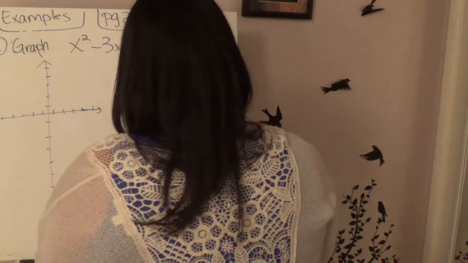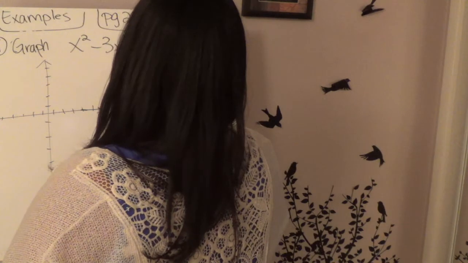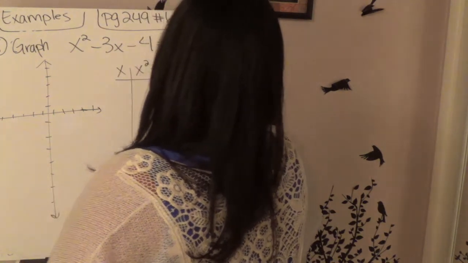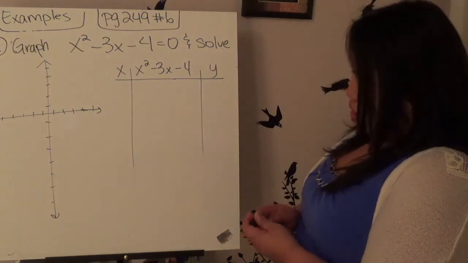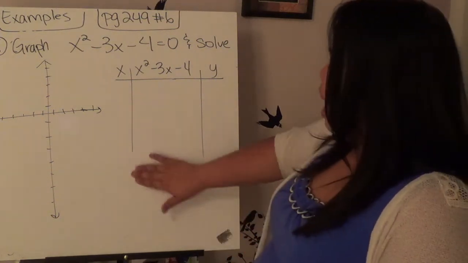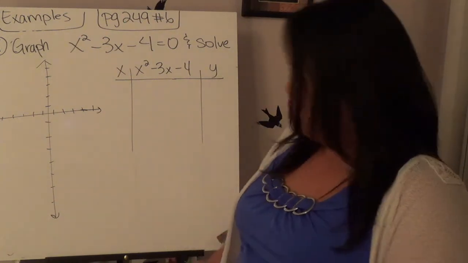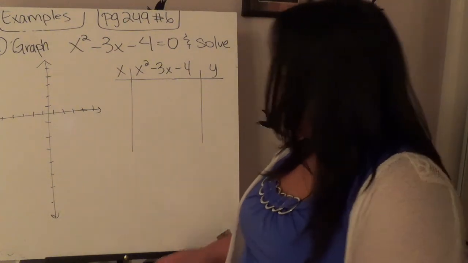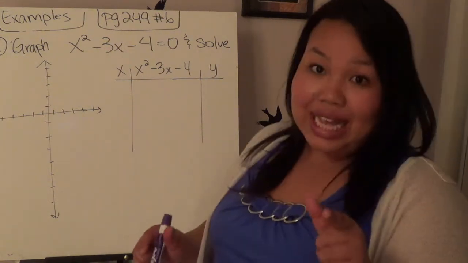We have our x, our equation, and our y. Remember that we have to figure out what numbers to use, because there's not always the same numbers that we're using. And what equation do we use? We use the equation for the axis of symmetry.